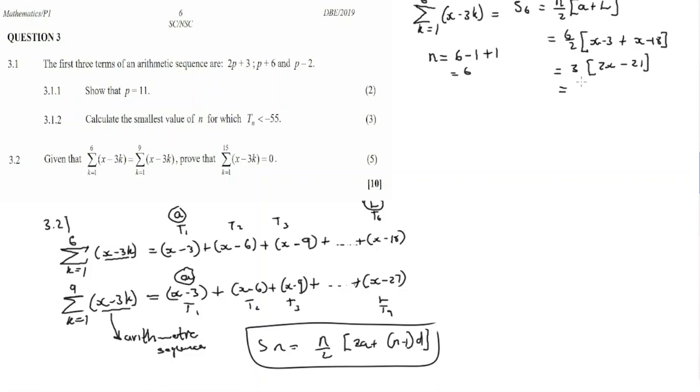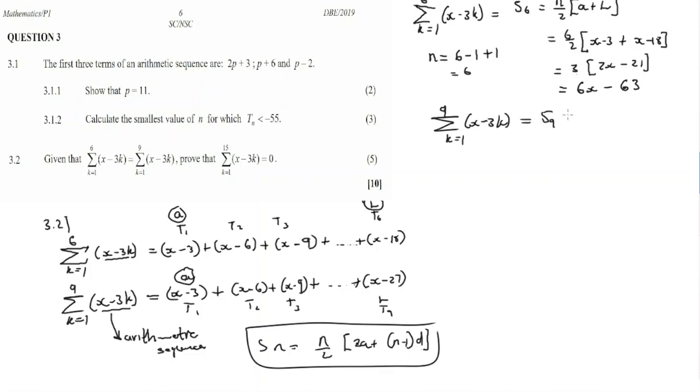Bese na simplify further as distributed lo 3 inside the bracket, so no 6x, 3 times negative 21, so no negative 63, right?